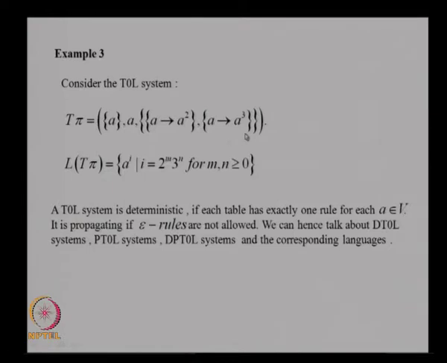Now we have tables. If each table has exactly one rule for every A belonging to the alphabet, then you call it a deterministic system. If you do not have epsilon rules, then it is a propagating system. So, you have deterministic tabled 0L system, propagating tabled 0L system, deterministic and propagating tabled 0L systems.